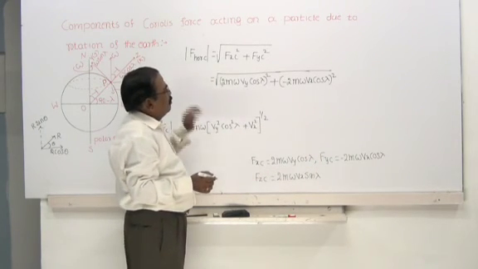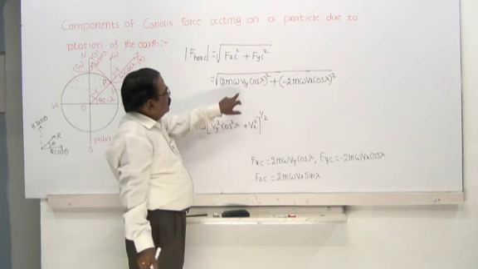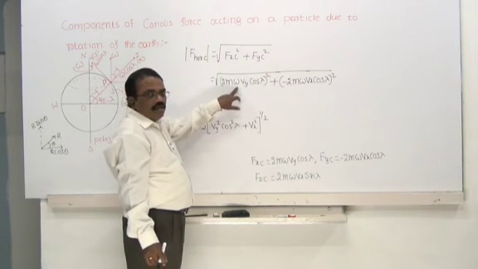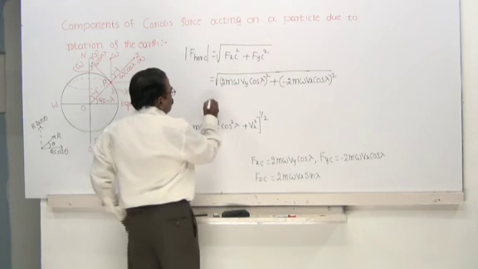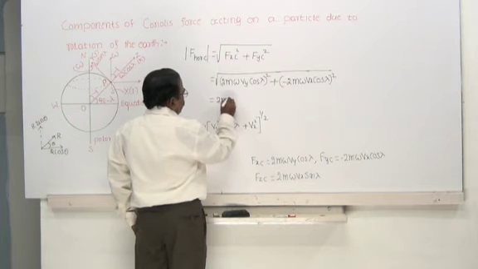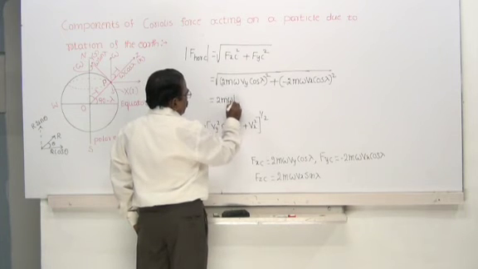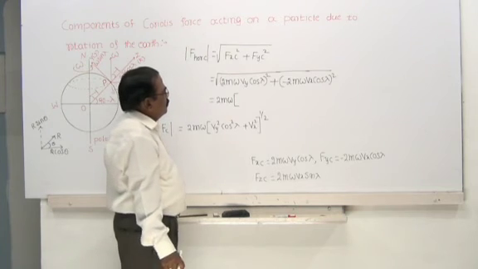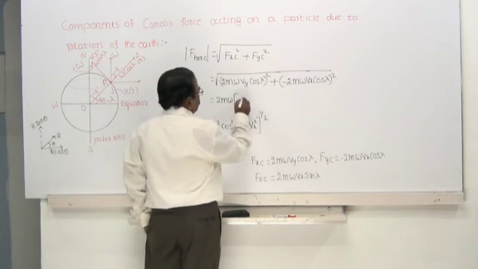Then what you can take outside? 2m omega can be taken outside. What is there inside the bracket?